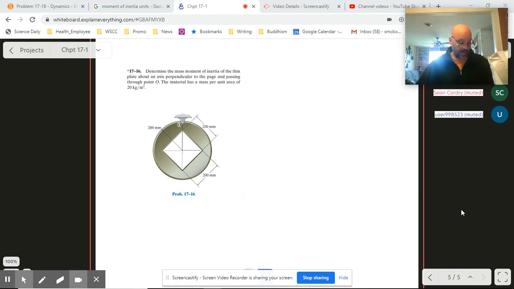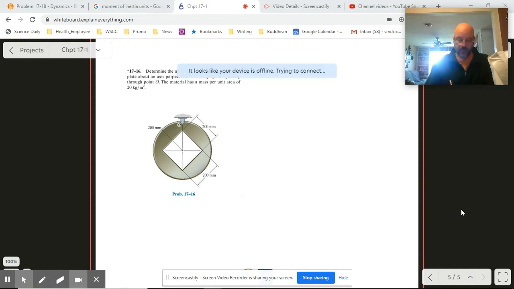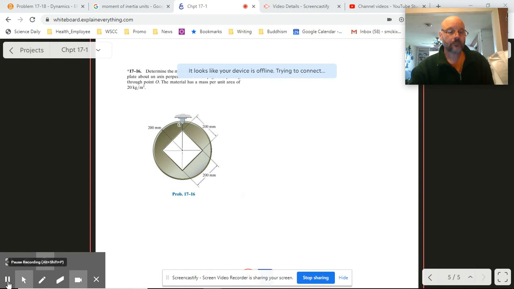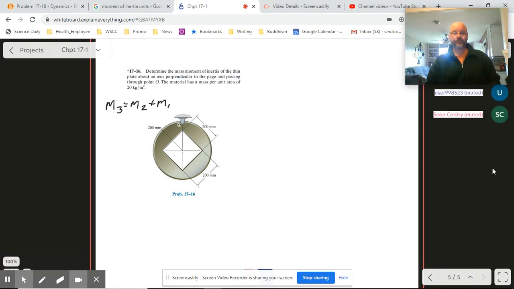Let's suppose that you had two objects, and you knew if you stick these two objects together, they're going to have a certain mass. So M3 is M2 plus M1. It follows then algebraically that M2 has to be M3 minus M1.